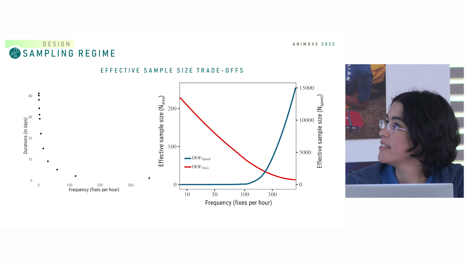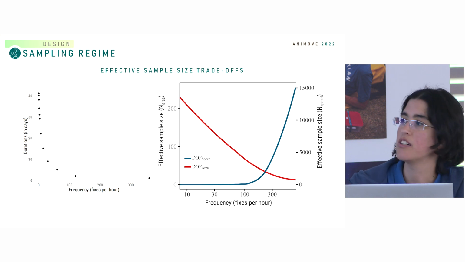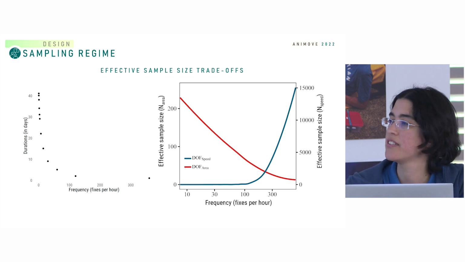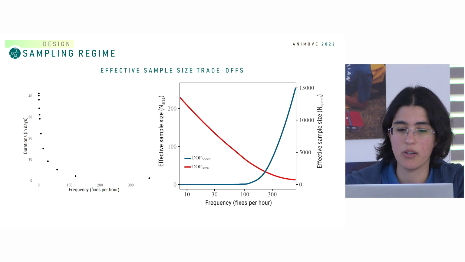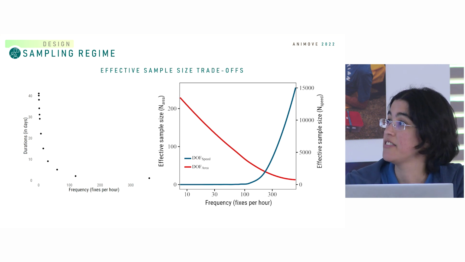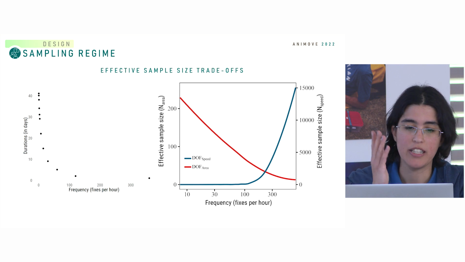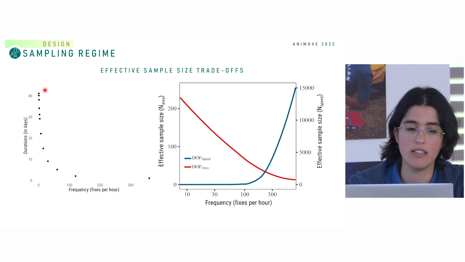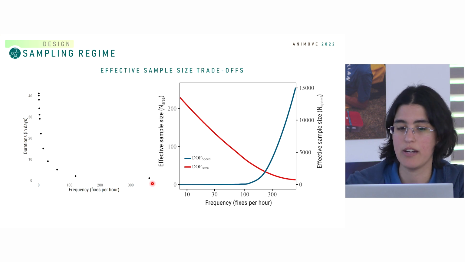And as we can see, that's the curve essentially of that trade-off, and how it looks when we see the effective sample size at those points, right? At essentially long duration versus short duration, low resolution versus high resolution.